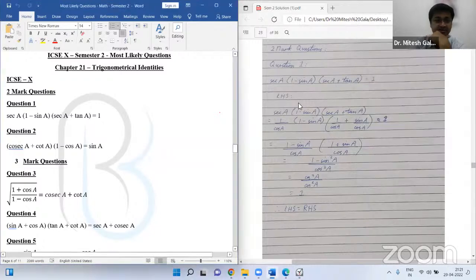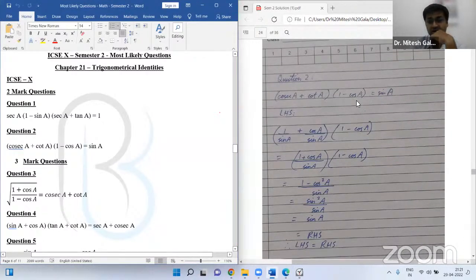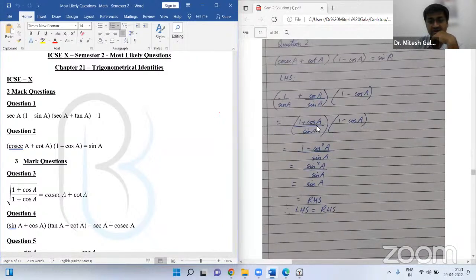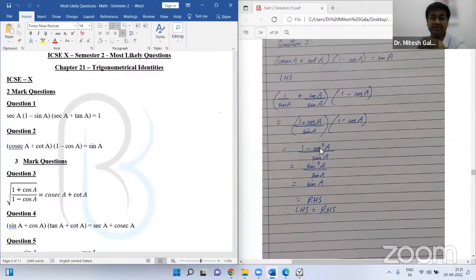Fine. Let's look at the solution. So you have cosec plus cot, 1 minus cos. You take the LHS, convert everything to sine cos, take the LCM. Again, a plus b, a minus b, convert, cancel, and you get sine A. Similar type, not very difficult. I expect such easy 2 marker questions from this chapter. So scoring for all of you, okay?